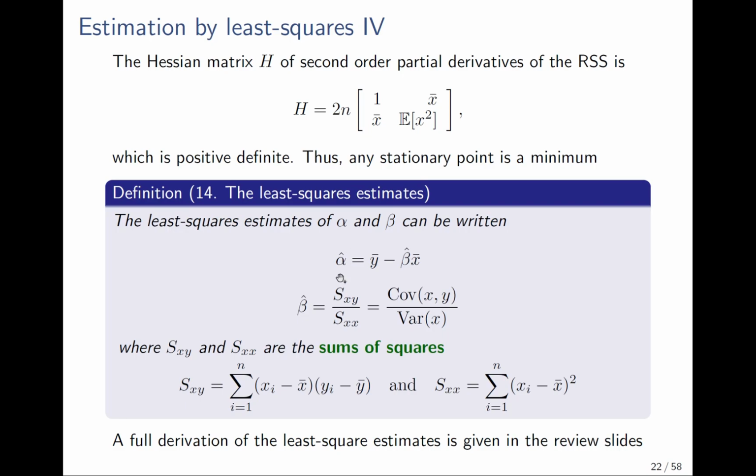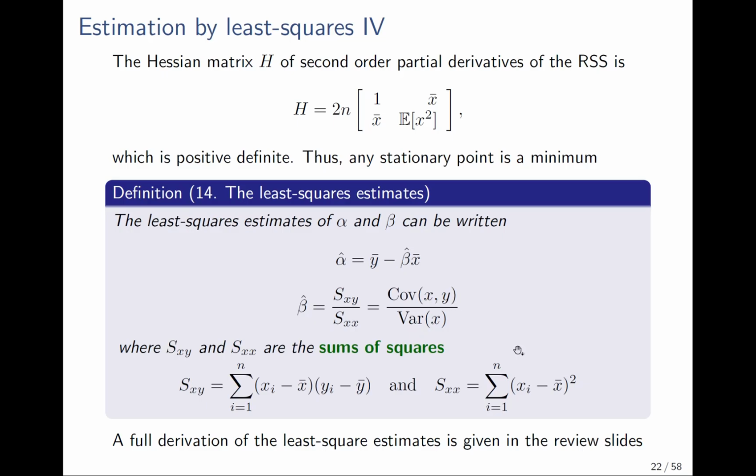The least squares estimate of alpha is the mean of y minus beta hat times the mean of x. That's our estimate of the intercept. Our estimate of the slope parameter can be written in this form here. It's the ratio of the sum of the cross products to the sum of squares, which can be written as the covariance of x and y over the variance of x.